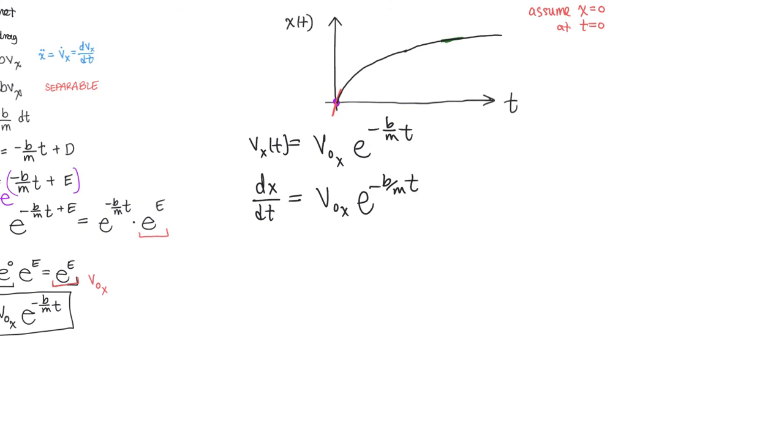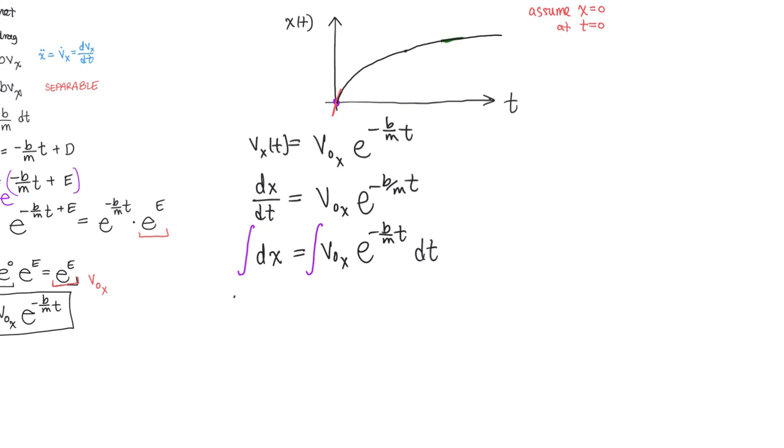Okay, so is this separable? Well, yes, it's separable. Okay, we can have the x content on the left and time content on the right, and we can then integrate these two.